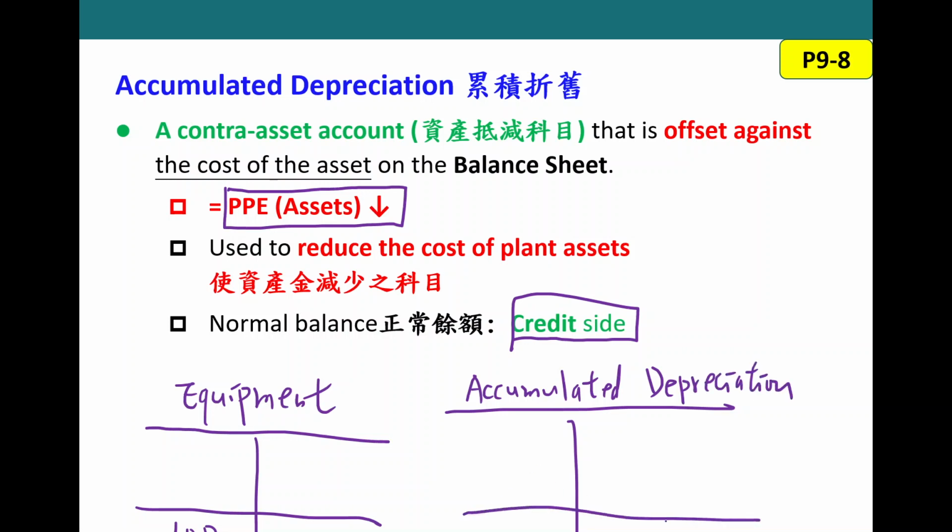If I told you accumulated depreciation is $20, what does it mean? It means after you use it, your PPE's value decrease $20.